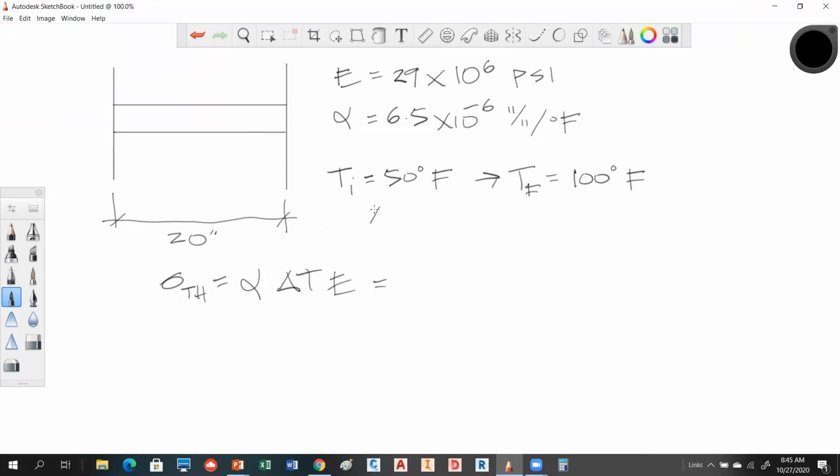So delta T, remember, is going to be final minus initial, which gives me a 50 degree change. And alpha, so we just plug it in, times 50, times the modulus of elasticity.